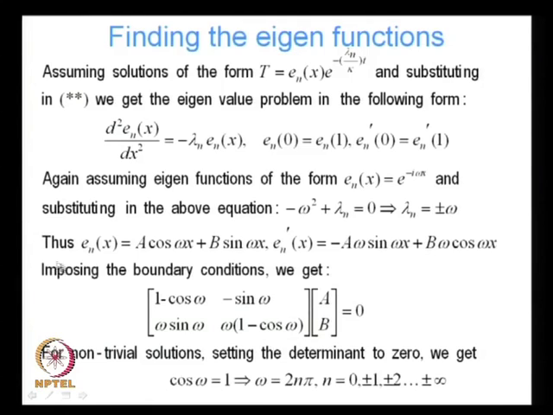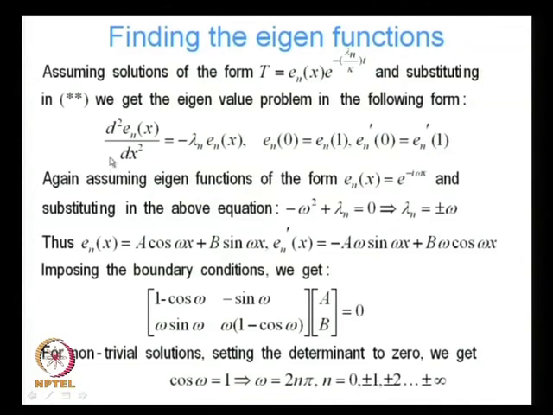So, my solution E_n(x) is equal to e to the power minus i omega x. Using de Moivre's theorem, I know I can write it as a cos omega x plus b sin omega x. So, E_n(x) is of this form, and omega is related to lambda, the eigenvalue, like this.